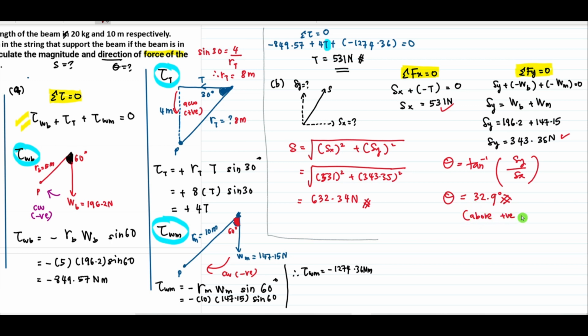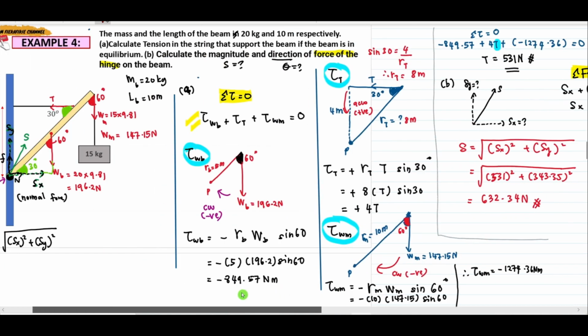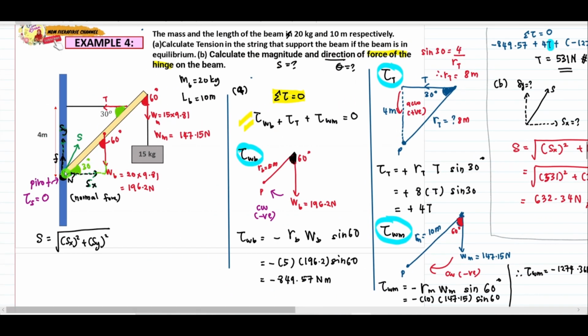Okay, so 32.9 degree above positive x-axis. Kan? So, kalau kita tengok dekat kita punya diagram, okay, kita tahulah so the angle 32.9 degree tu ini. Yang saya buat ni.